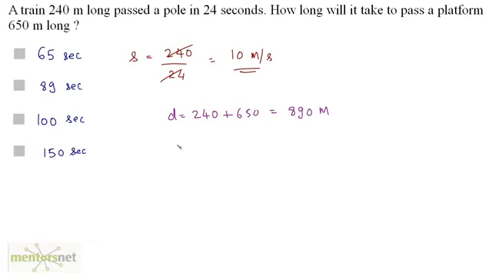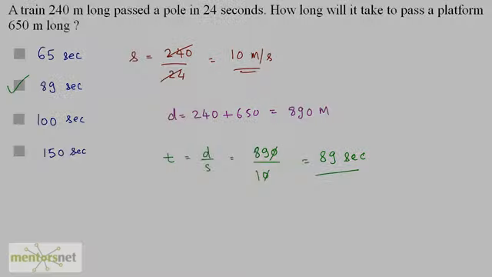Now time is equal to distance upon speed. So distance is 890 divided by speed 10. So we have 89 seconds as the time this train takes to cross the platform. Option B is the correct answer.